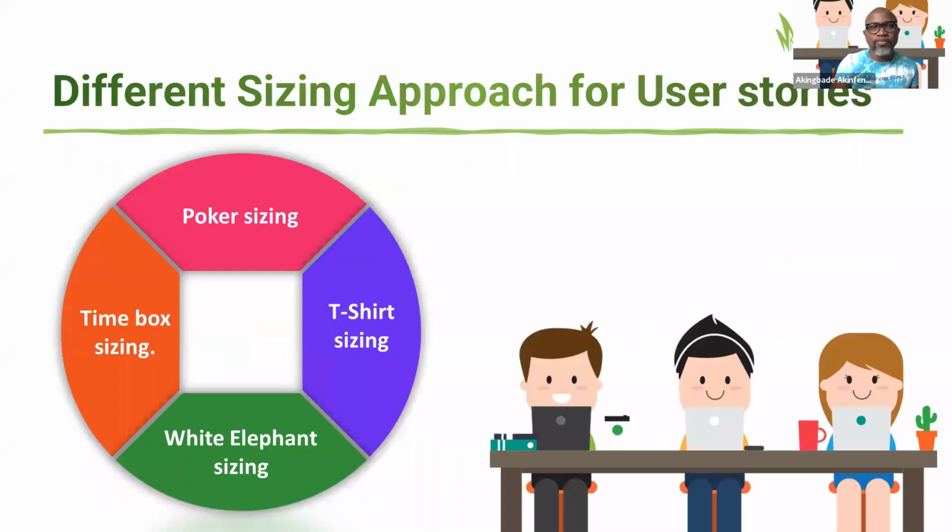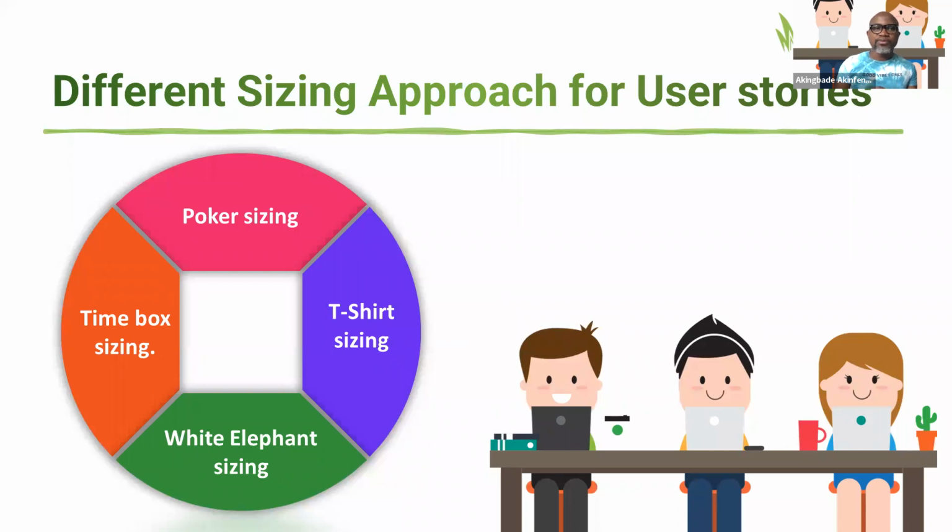There are some different things in user stories that we typically call sizing. Sizing is the way we rank what we think the user story's number should be. There are many ways out there that people do the user story approach.